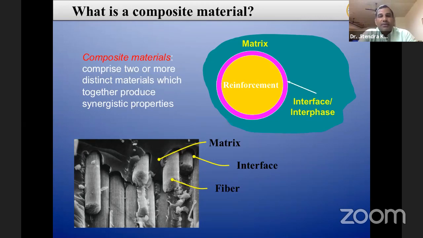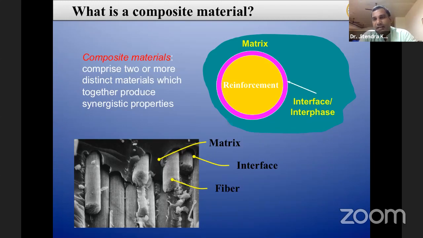So when you define any composite material, you have two or three components. Each has different physical, mechanical, and chemical properties, and several advantages also. So what we do is add them and use the advantages each one has.